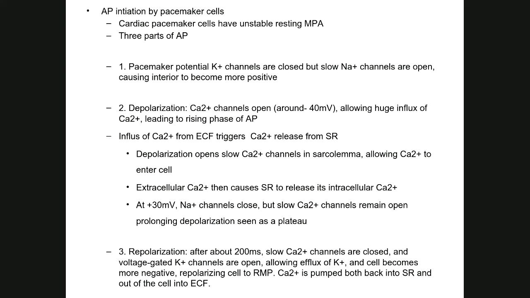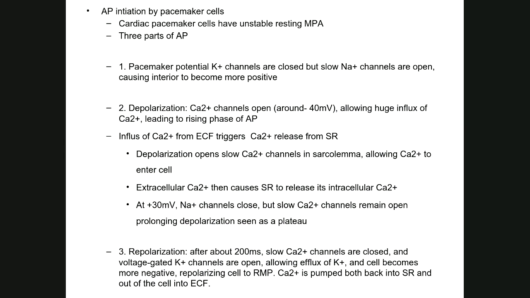So this depolarization caused by the sodium opens the slow calcium channels, so the calcium comes from the ECF to the ICF, the intracellular fluid, causing a positive feedback. It stimulates the sarcoplasmic reticulum to release more calcium.